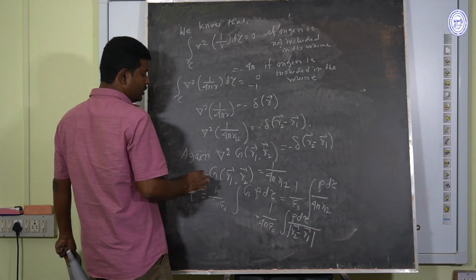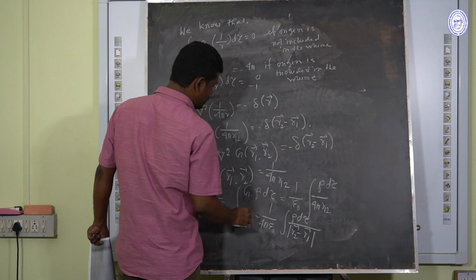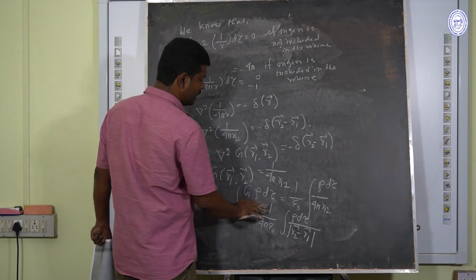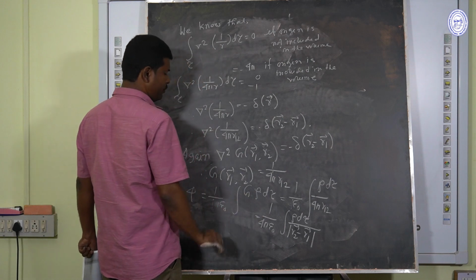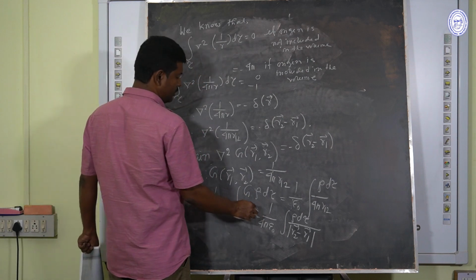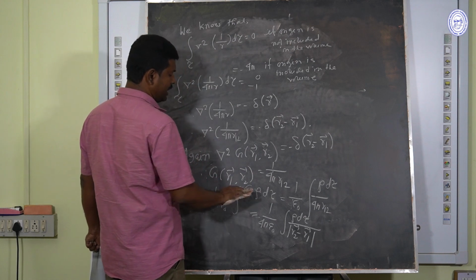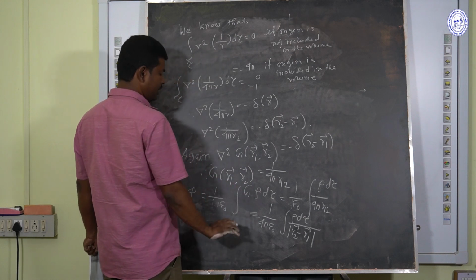So this is the solution of Poisson's equation, and we can find it with the help of the Green's function. That is all for today, and this is the technique by which Poisson's equation can be solved with the help of the Green's function.